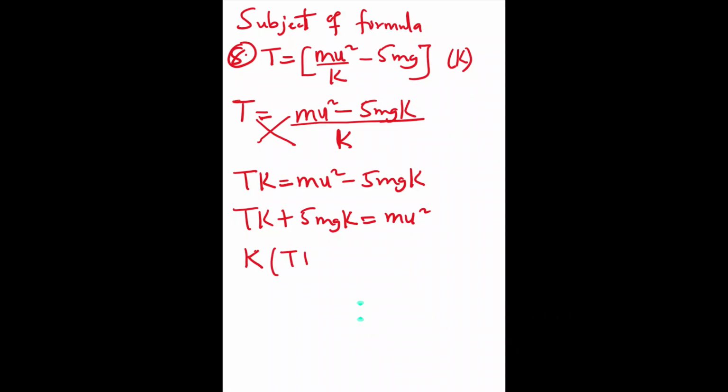K is a common factor in tk and 5mgk, so that will be k times t plus 5mg equals mu squared. So we have k equals mu squared over t plus 5mg. So that's the final answer right there.